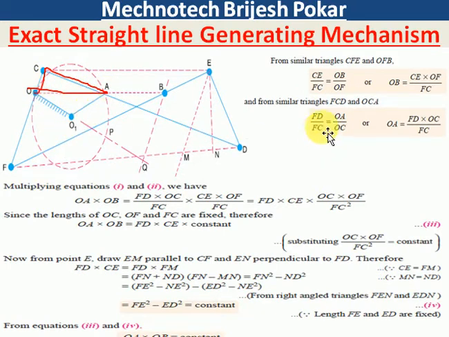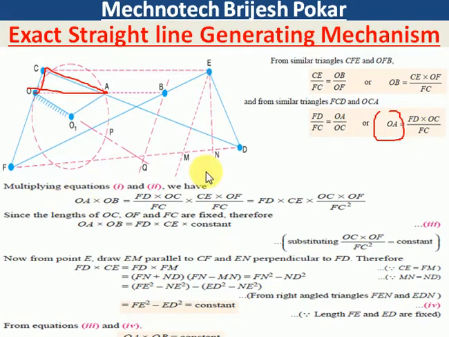If we compare these two triangles, then we have an equation. We can say that FD upon FC is equal to OA upon OC, right? So FD upon FC is equal to OA upon OC. By that way we have one more equation, that is OA is equal to FD into OC upon FC.